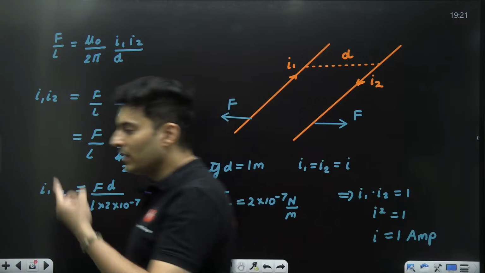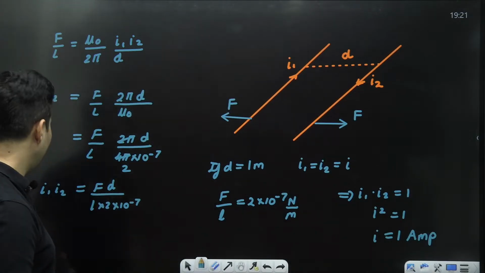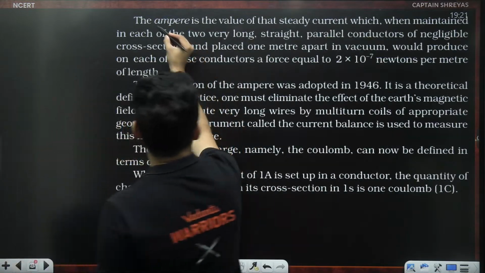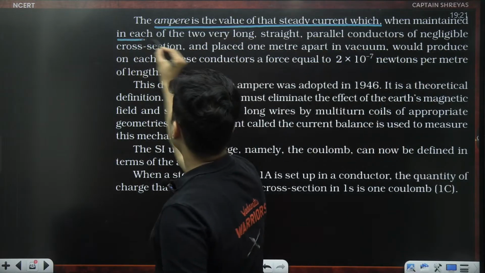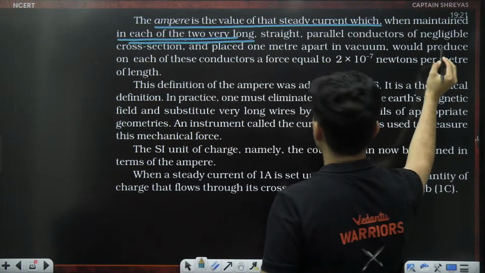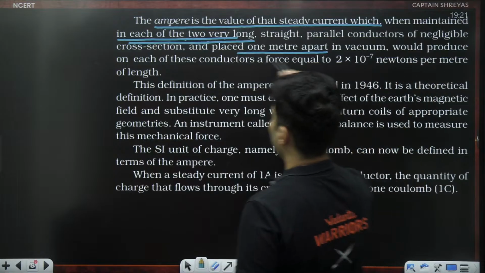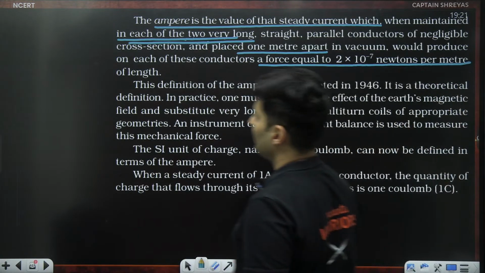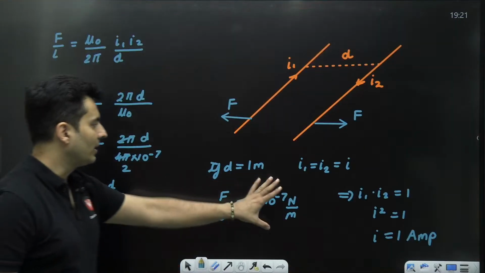That's how the unit has been defined, and that's exactly what they have done over here. The ampere is that value of current which, maintained in each of two very long wires 1 meter apart, will produce a force of this many newtons per meter.